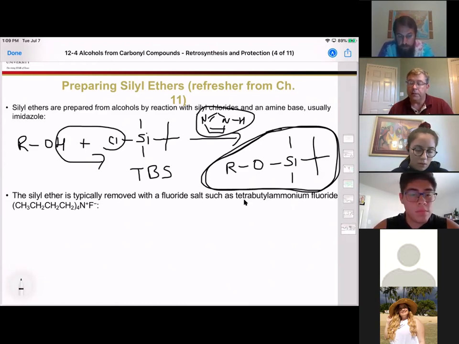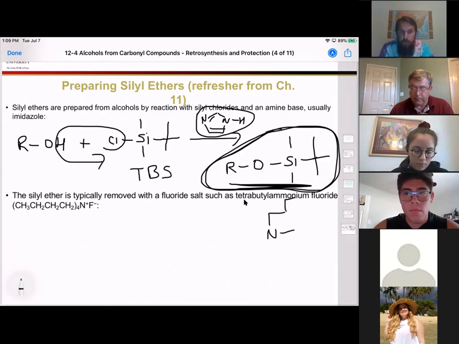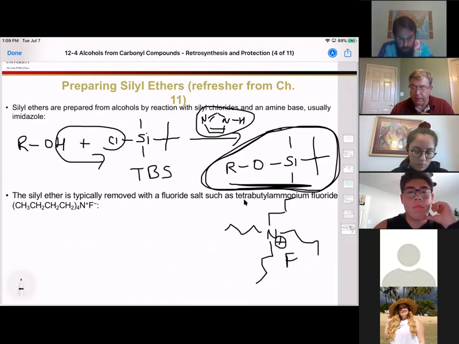But what's really interesting is that this group right here is very sensitive to fluoride ions. So a lot of times they'll take the tetrabutylammonium fluoride. So this is this tetrabutyl salt of nitrogen with a fluoride ion.